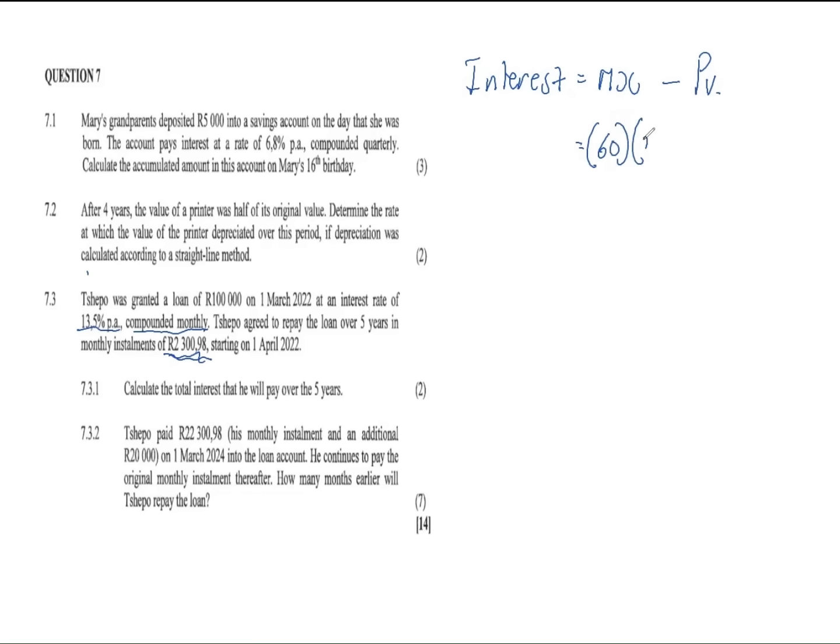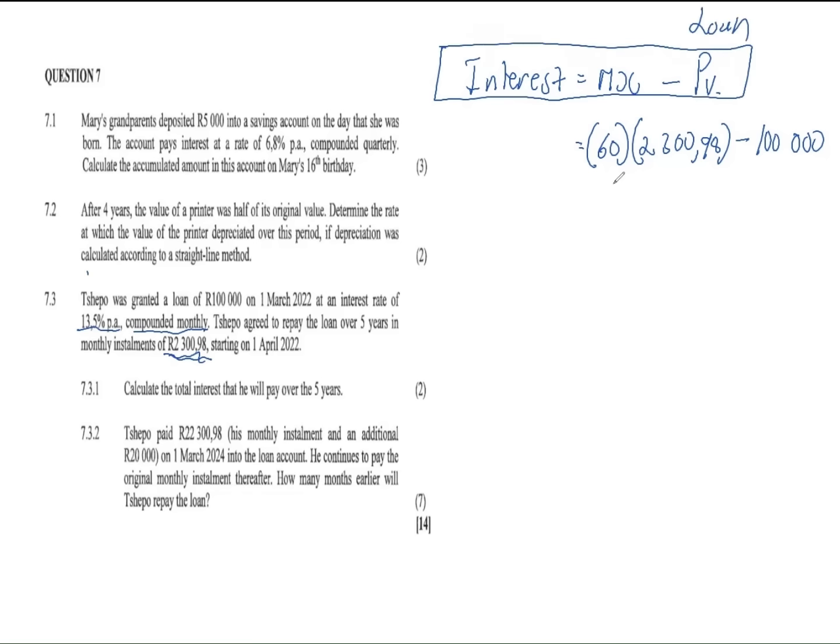Multiply that by the 2,300.98 minus the what? The present value of 100,000. So note this formula here. This is the formula to calculate the interest on a loan that is being paid by regular installments, right? So when we do that, we are going to have what?